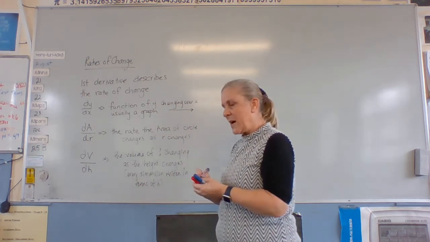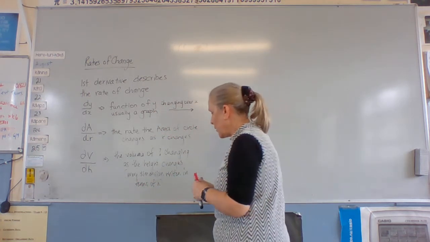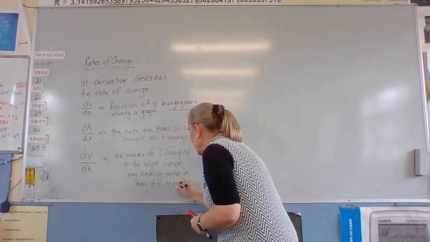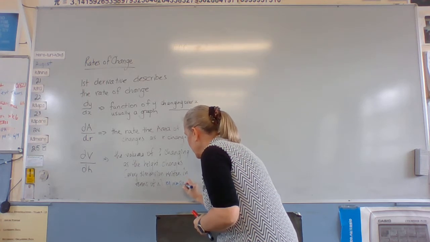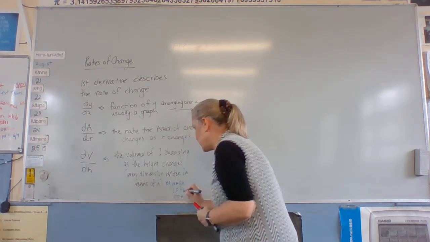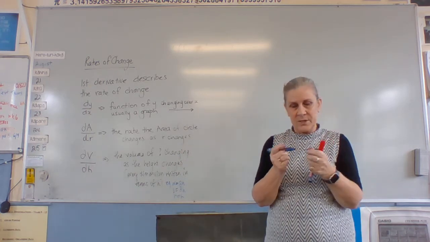All right, so an example of that would be what I said. So width equals 2h, length equals 3h, and obviously height equals h. Something like that, so you get that term.